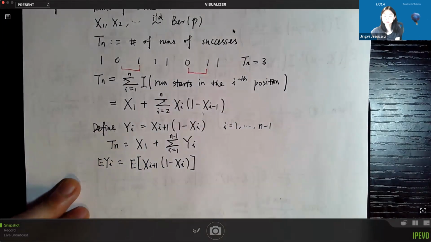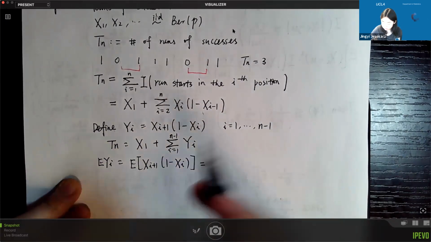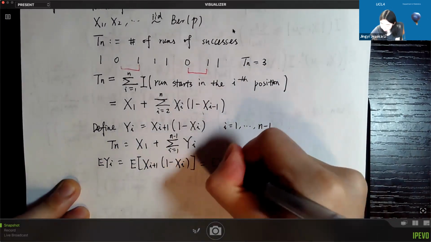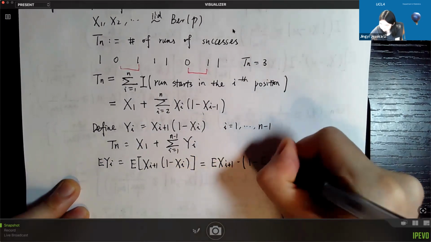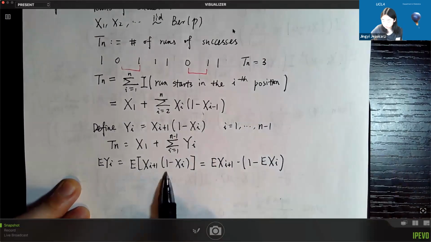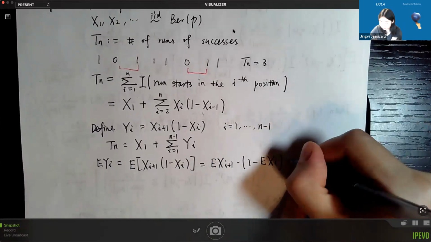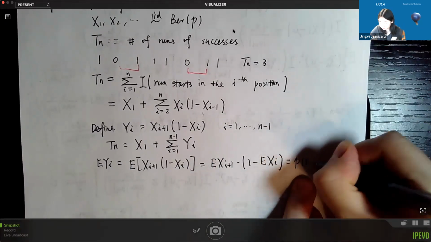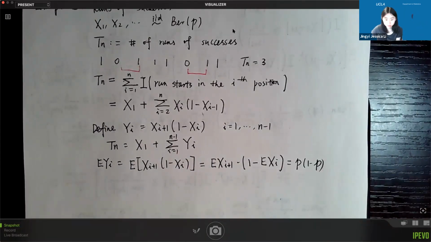Because x_{i+1} and xi are independent, we can separate the expectation by factorization. So it's E[x_{i+1}] times (1 minus E[xi]), right? Constants get pulled out of the expectation. So you see, by the Bernoulli, this is basically p times (1 minus p). That's easy.